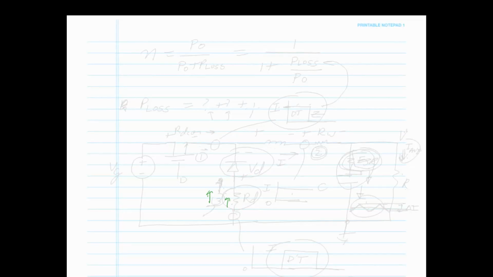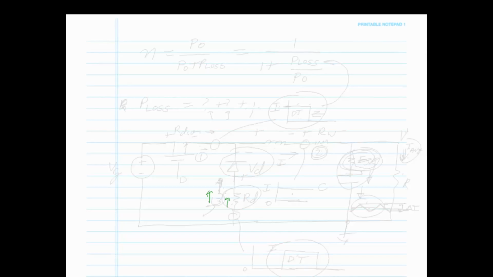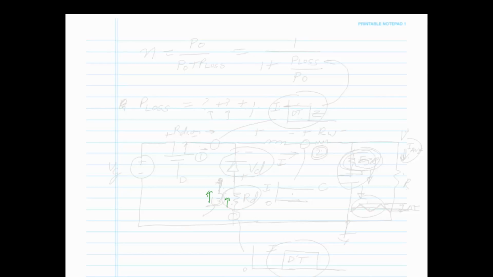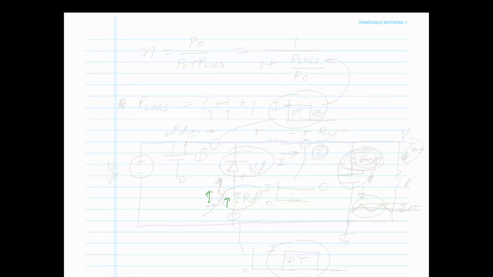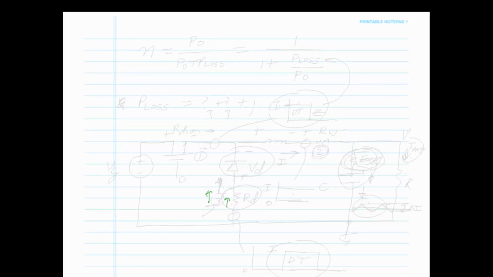Even discontinuous, I don't really care. Continuous, discontinuous, just show me the waveform. I can calculate the RMS, and I can calculate the average. Then I put it in here and find the power dissipated through any of the devices, whether it's a FET, a diode, a Zener diode, a BJT, whatever the device is. You give me the waveform, and I will then calculate the loss.